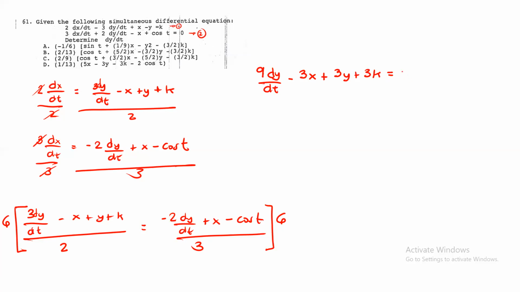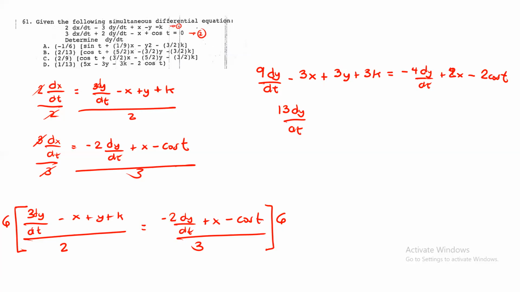So negative 4 dy over dt plus 4x plus, so dito is 6 divided by 3 is 2 plus 2x minus 2 cosine ng t. Then pagsamahin natin lahat, so 9 dy over dt plus 4 is 13. So 13 dy over dt.